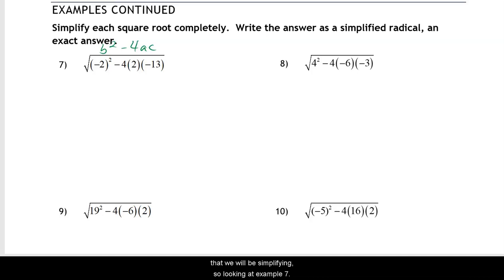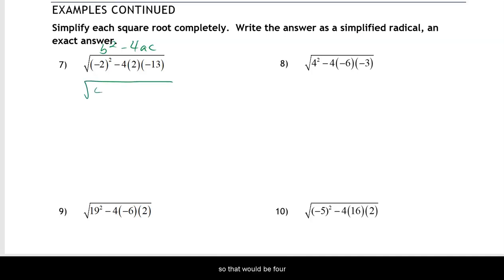So looking at example 7, we have the square root of quantity negative 2 squared minus 4 times 2 times negative 13. First thing I'm going to do is square my exponent. I'm just going to leave everything inside my square root.